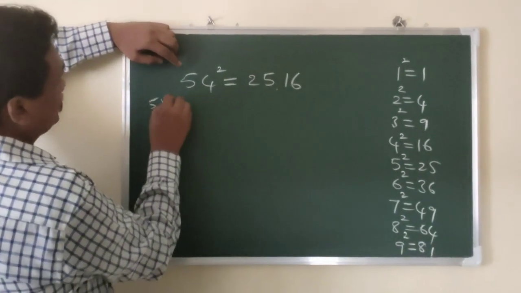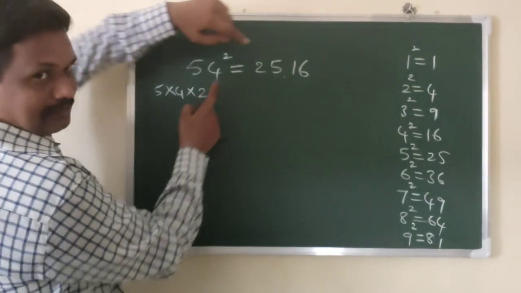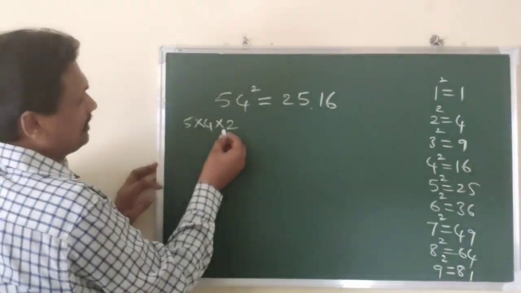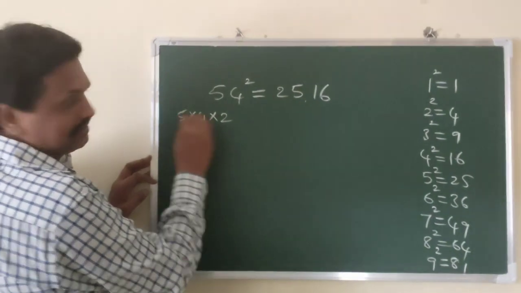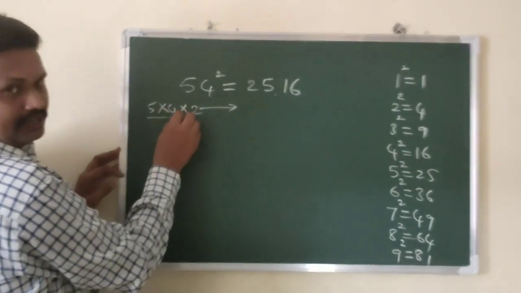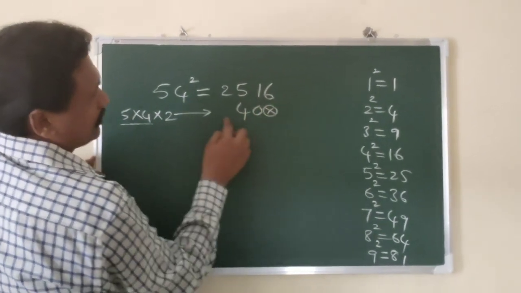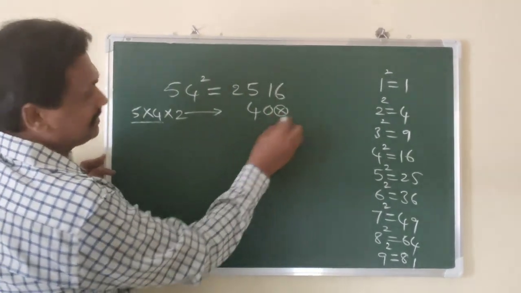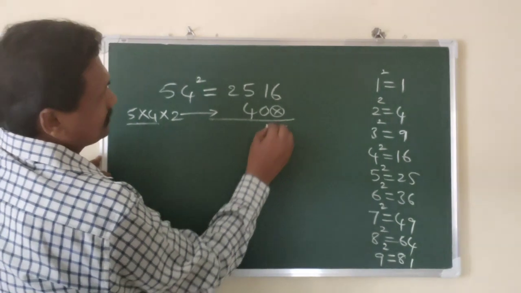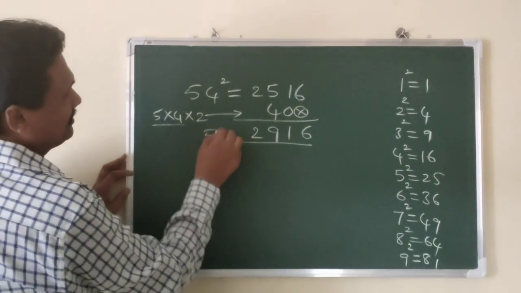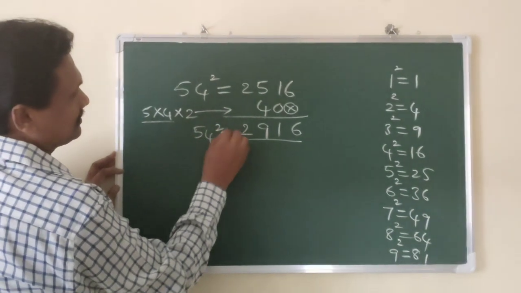For your understanding, I am writing 5 into 4 into 2. In this style you multiply: 4 twos are 8, 8 fives are 40, or 5 fours are 20, twos are 40. Leave the right side only. Suppose you got 240, then add 6, 1, 9, 2. That's the answer. That is nothing but 54 square, my dear students.